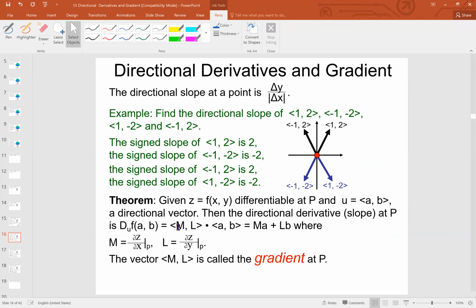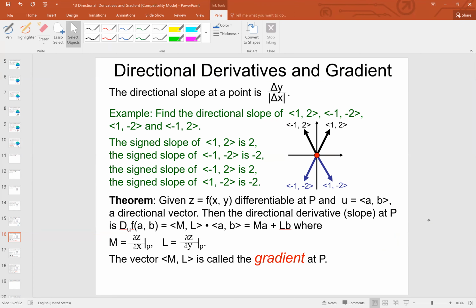It's simple. You form partial x, partial y. These numbers are the slopes m and l, and you form this vector, and this vector is called the gradient.